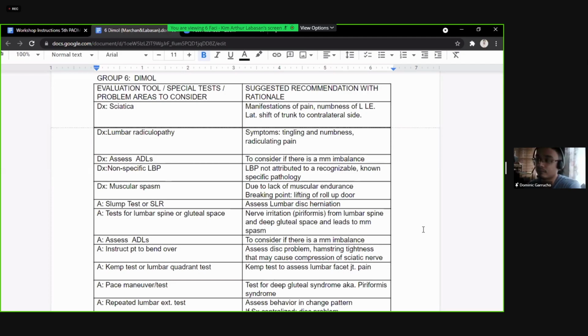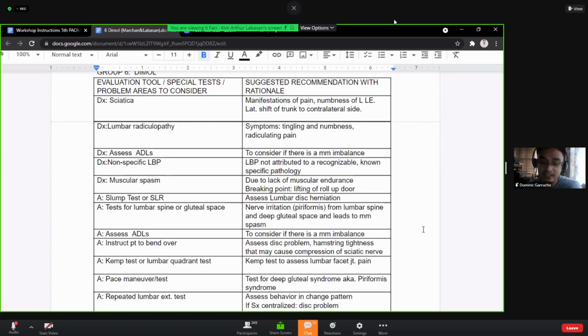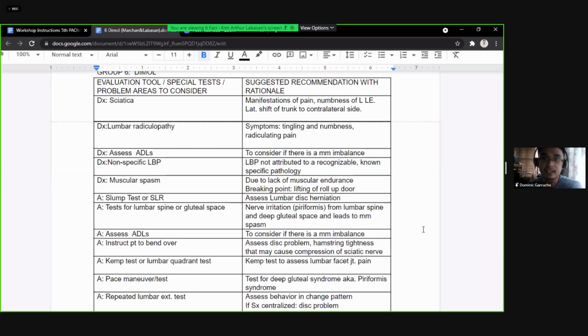This may be assessed through the centralization or peripheralization phenomenon for low back pain. You may also want to assess activities of daily living in the form of outcome measures, such as your Oswestry Disability Index and your Beck Depression Index to cover the biomedical and psychosocial aspects of the patient's condition.